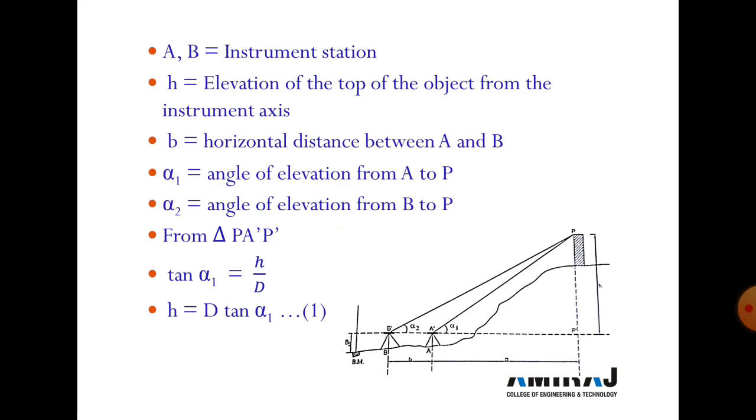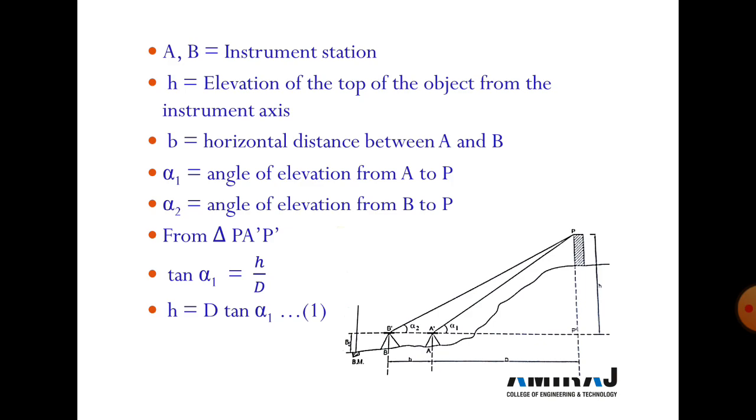Now here we discuss what is A, what is B. A and B are the instrument stations, and A dash and B dash are the telescope points of the particular instrument. Small h is the distance from the horizontal instrument axis to the top of the point. Small b is the horizontal distance between the two instrument stations.